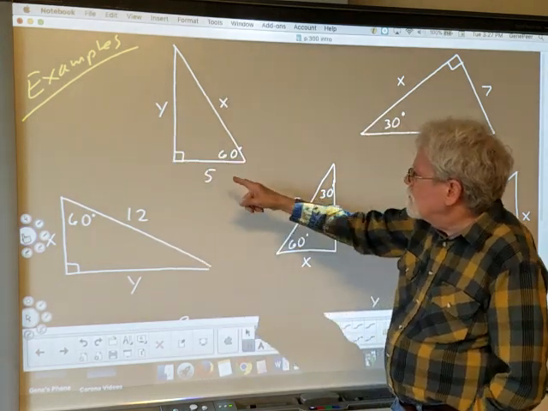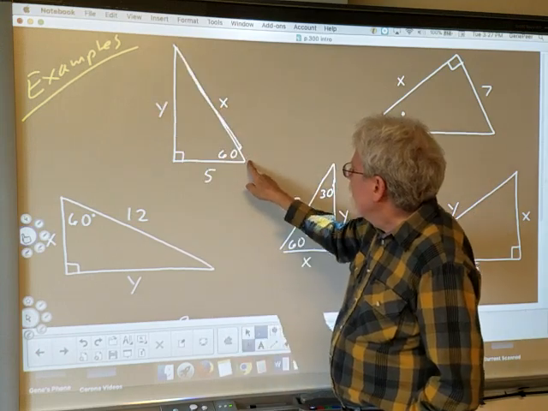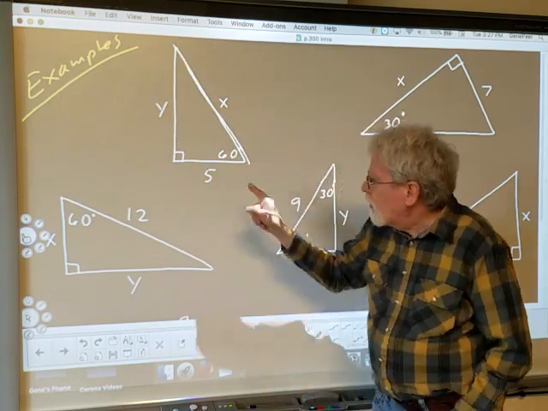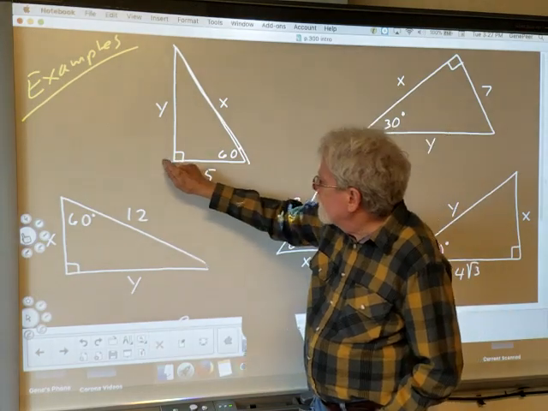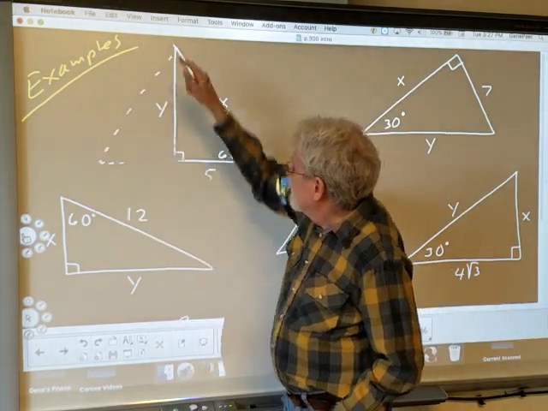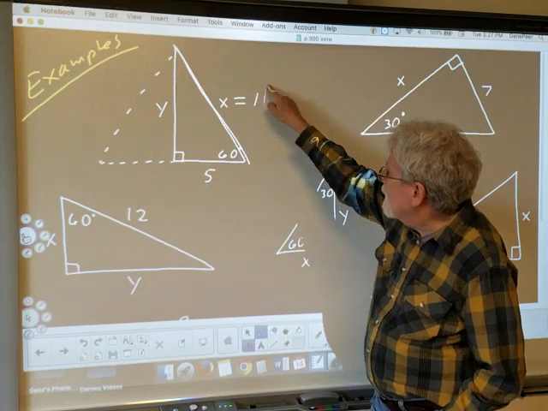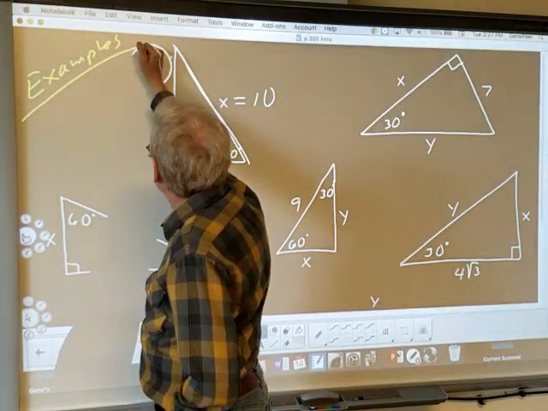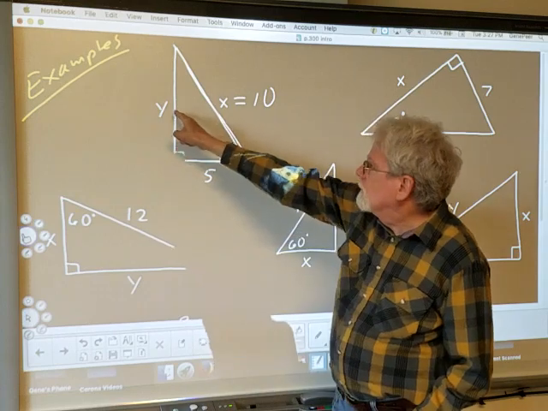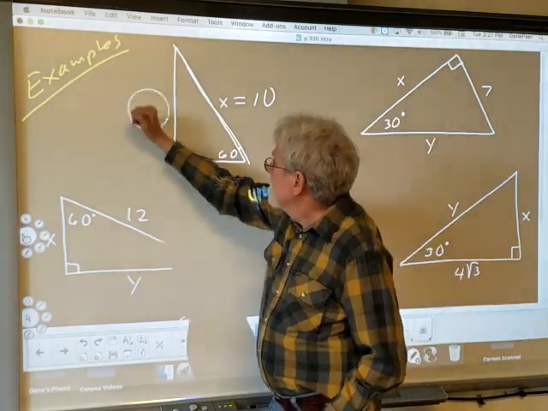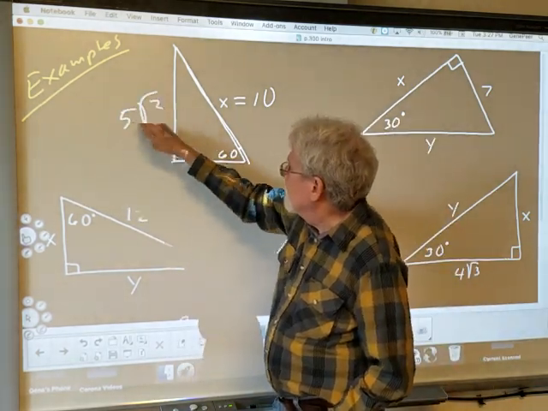So this time, where's the hypotenuse? Here's your hypotenuse. It's the hypotenuse that's twice the shorter leg, because this is half of an equilateral triangle. So if this is 5, x must be 10. Then from short leg to long leg, you're just going to stick the square root of 3 next to it. Done.